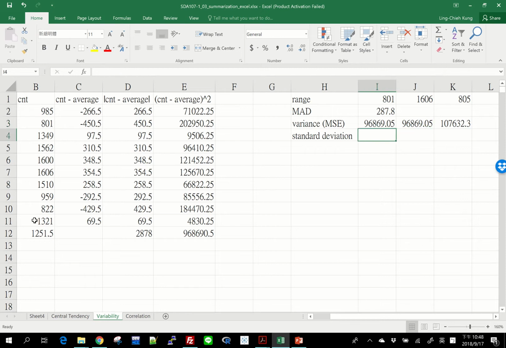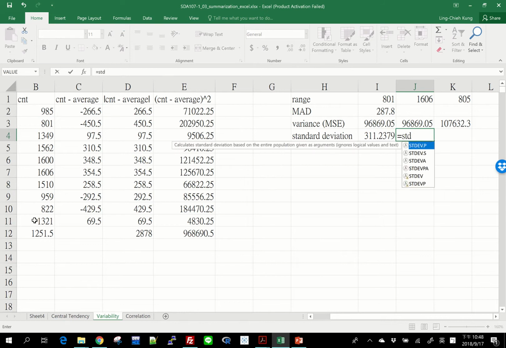Okay, lastly, standard deviation. Given that you have MSE, then you just take the square root of it. Then it's standard deviation. Here I'm using the function SQRT, square root. To apply to any value, you get the square root. And in this case, this is standard deviation.